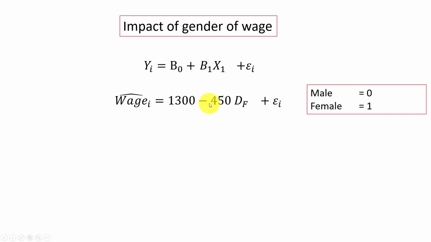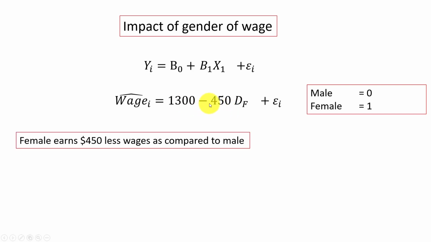Now what would this minus 450 mean? It means that female earns $450 less wages as compared to male. And what would be the expected wages for male? Remember, the omitted category's value is in the constant term, not in beta. So the expected wage for male would be $1,300.